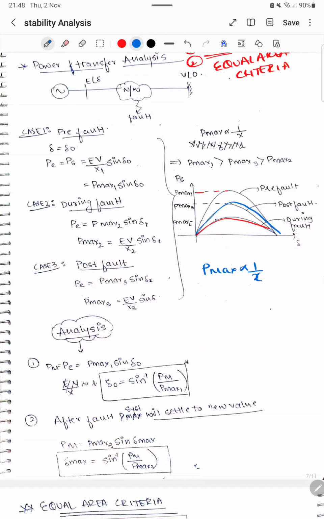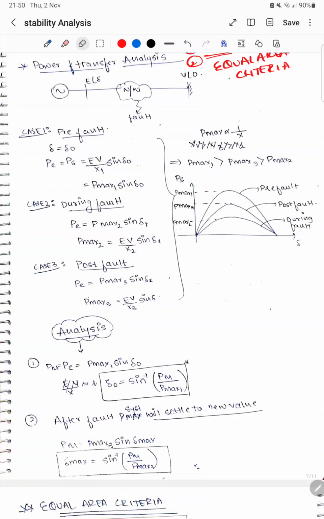So from this particular graph, what can we say? That x1 is less than x3 is less than x2. This can also be the kind of question coming in the exam. Basically what I am trying to say is, post-fault clearance, that is Pmax3, will lie between Pmax1 and Pmax2. Fair?